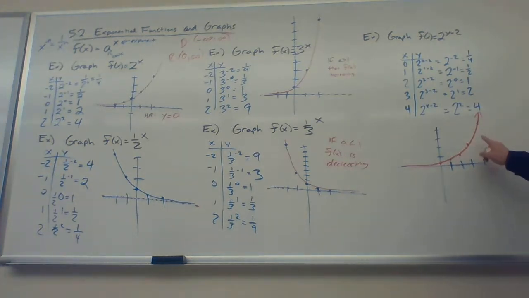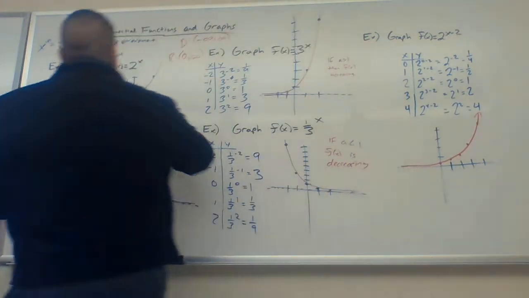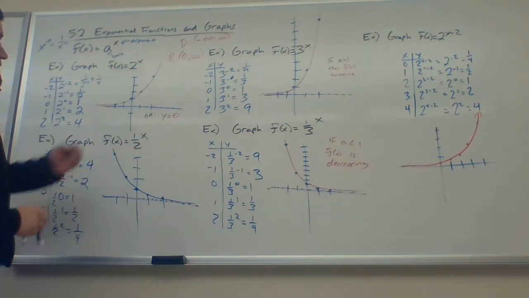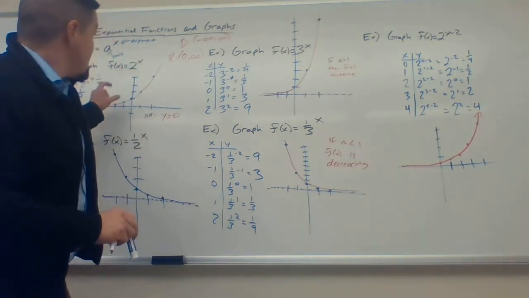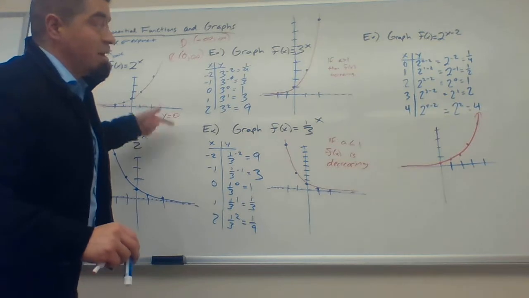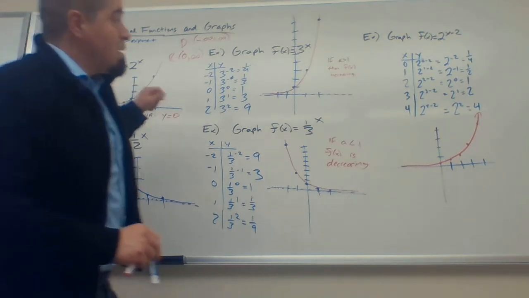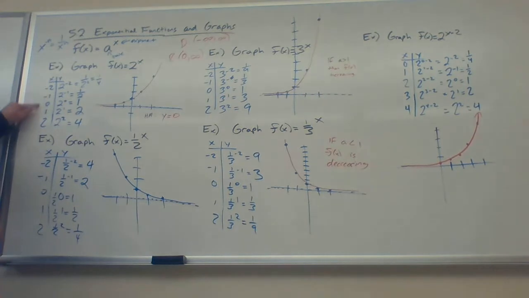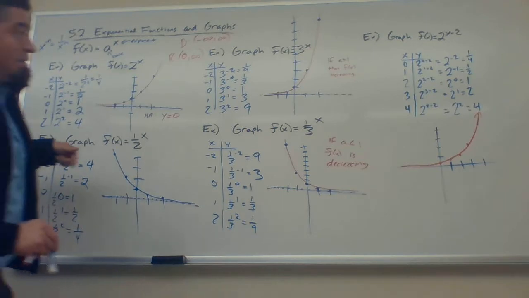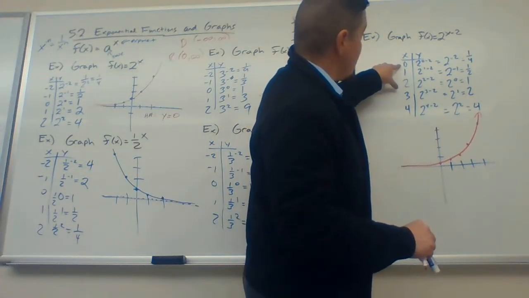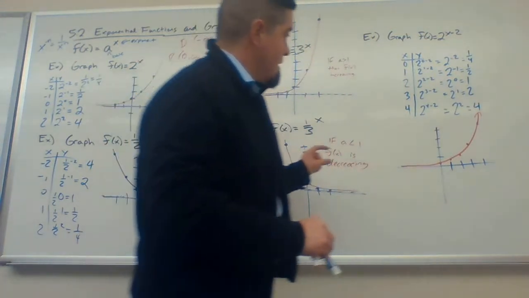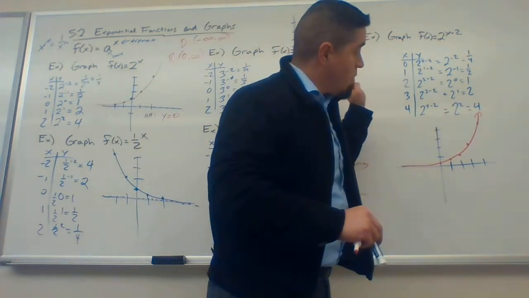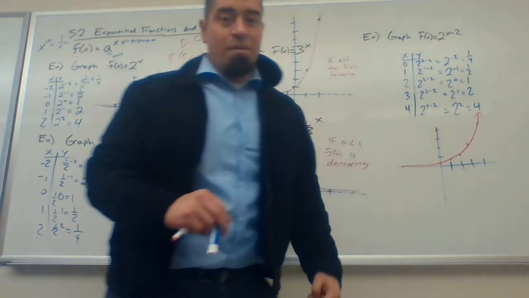Now you'll notice that as compared with 2 to the x, what does it do? Well, that minus 2 actually turned into a translation to the right 2 units, okay? In fact, you can kind of note that in the table. These coordinates just shifted right 2 units, right? So instead of starting at -2, now I start at 0, but you got the same outputs. But all that means is from 2 to the x, it's a horizontal shift of 2 units to the right, okay?